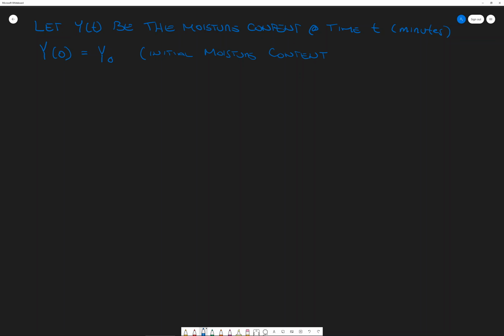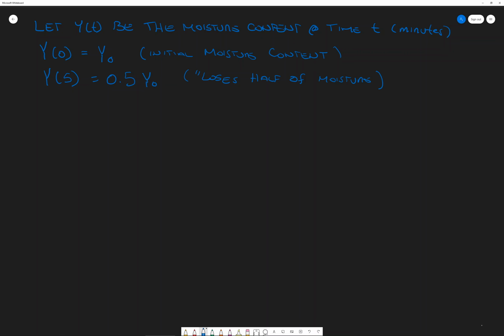Okay, so we also know that it says here at t equals 5 minutes, we know that it loses half of its initial moisture content. Okay, in the first 5 minutes.